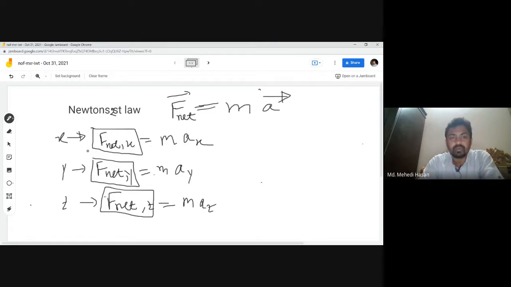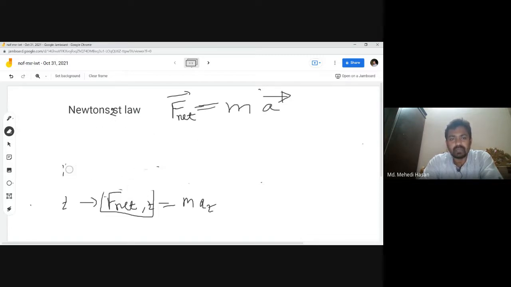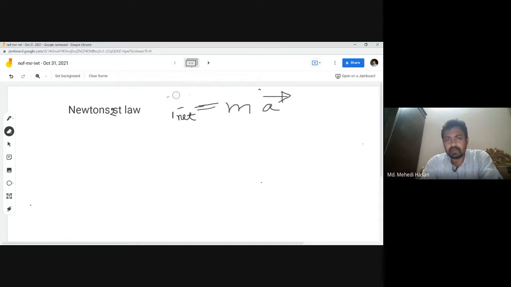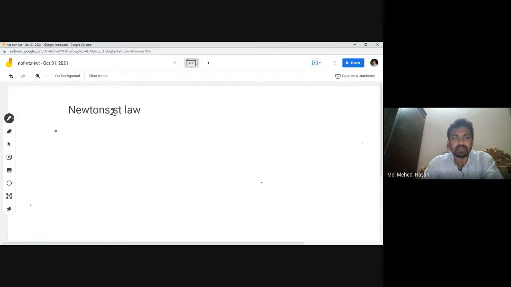Before going to the free body diagram, I want to explain the different forces that are important to solve problems. First, the weight of an object.